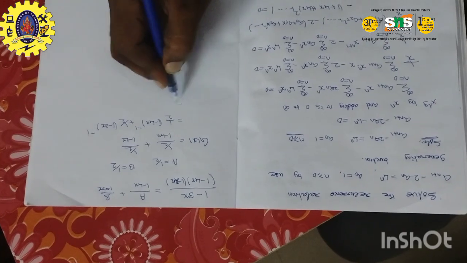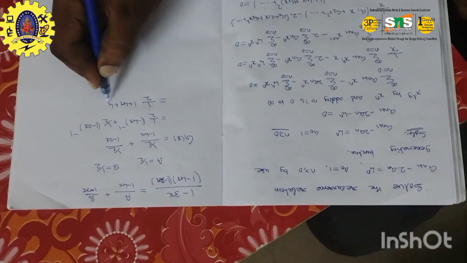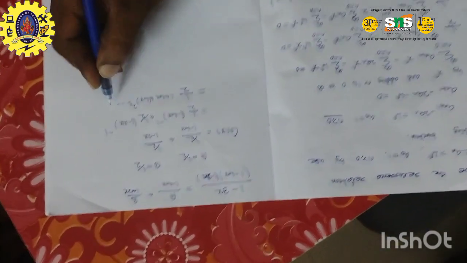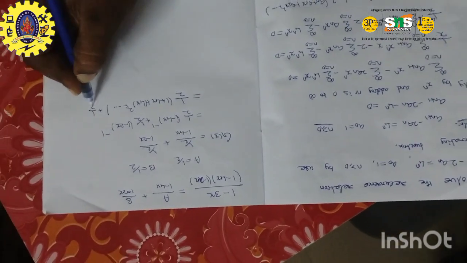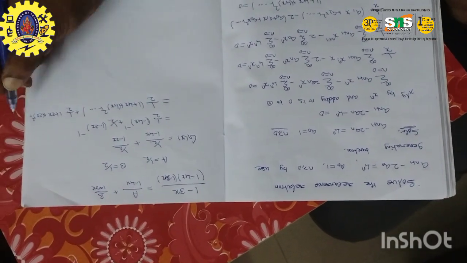Expanding these terms, we get 1/2 times (1 + 4x + 4^2 x^2 + ... up to infinity) plus 1/2 times (1 + 2x + 2^2 x^2 + ... up to infinity).